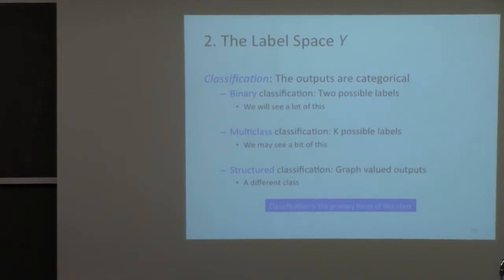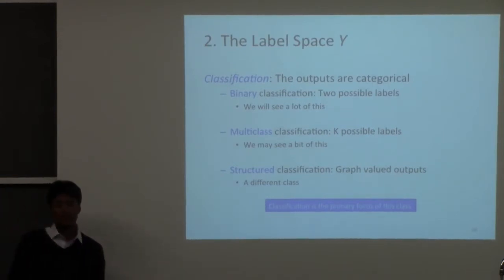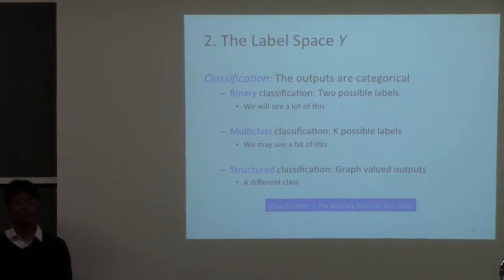When your label space is Boolean, or has a cardinality of 2, we call it classification. When it has a cardinality k, it's multi-class. When the label space is a set of all graphs, it's called structured prediction.